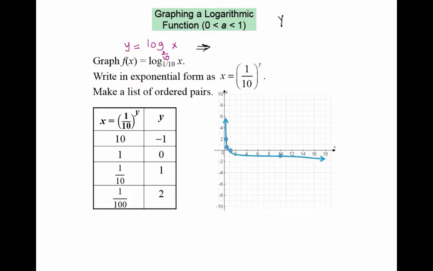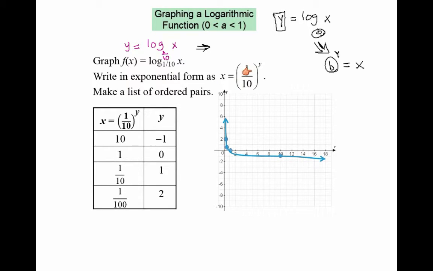Once again, y is equal to log of x with the base b. I can convert this to exponential form by writing that b, the base, to the power of y must be equal to x. So in this case, my base is 1 over 10. 1 over 10 to the power of y is equal to x. So this is how you convert them.